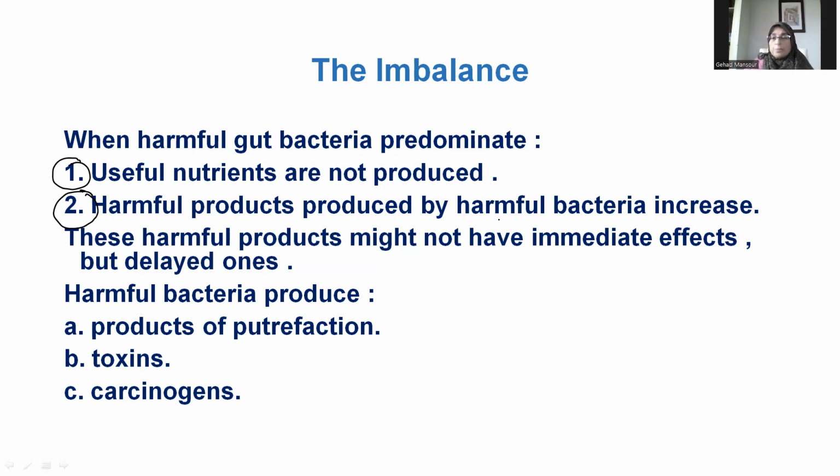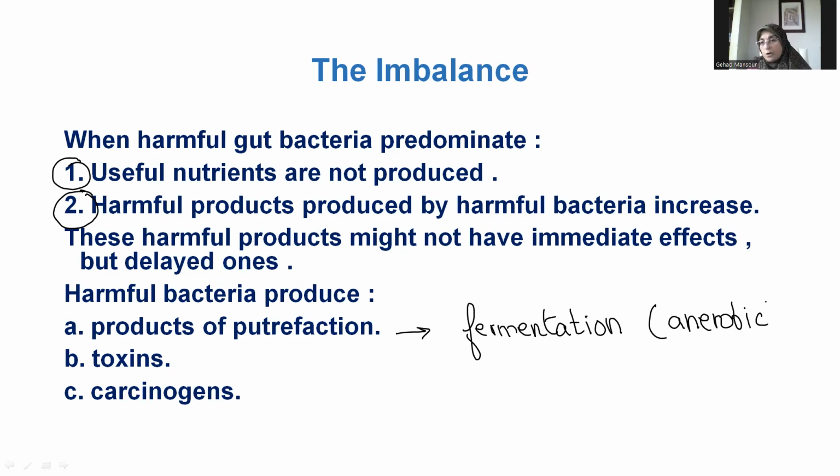And among these products that might cause you these late complications, we have products of putrefaction of food. And here by putrefaction, we mean fermentation of food. By fermentation, we mean the anaerobic breakdown of food. So the products of putrefaction or fermentation of food are toxic to the body.